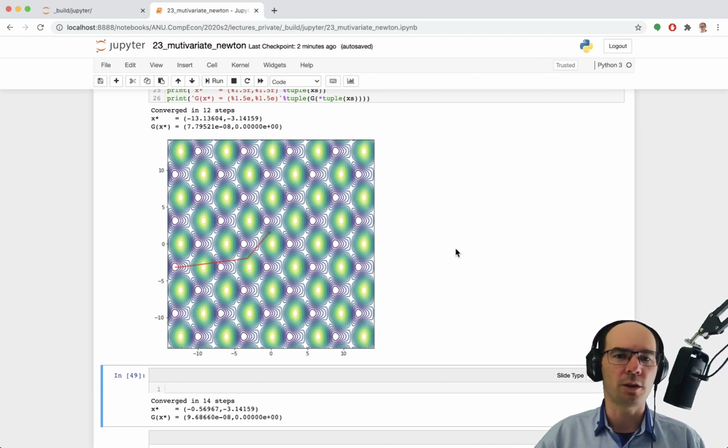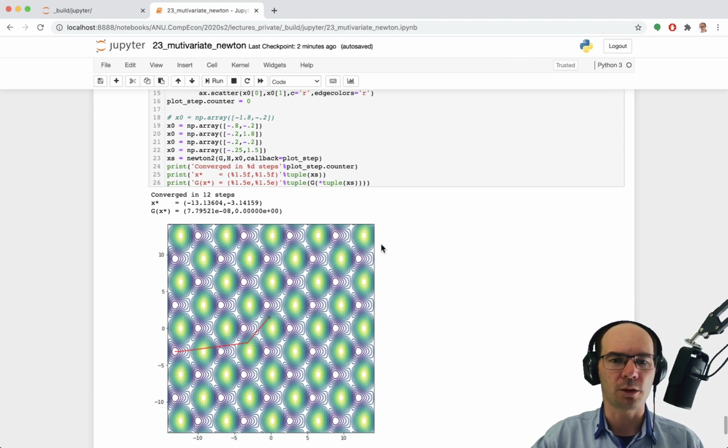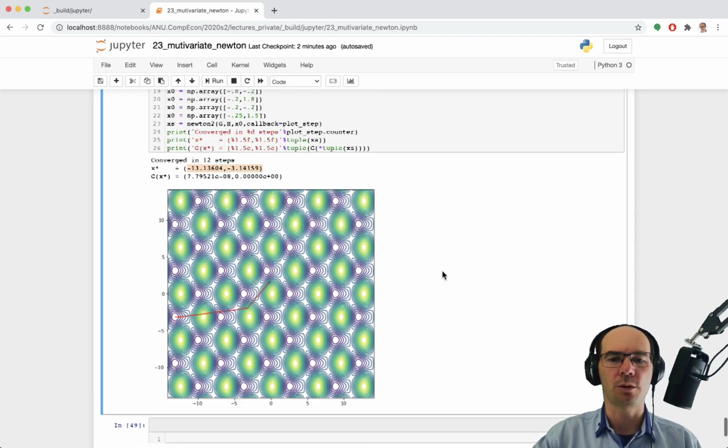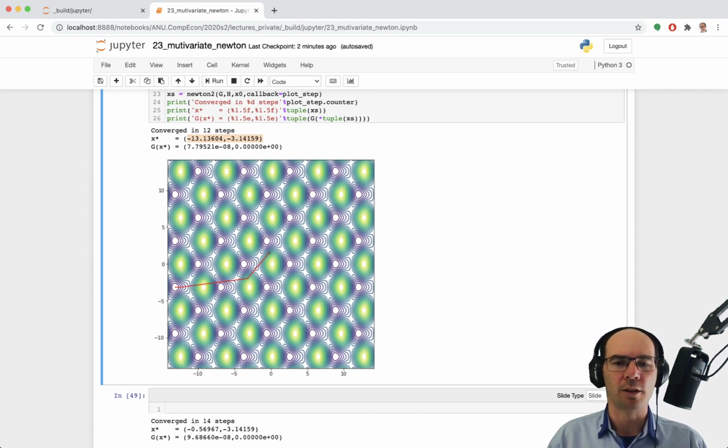We start somewhere, and the starting points don't differ all that much, but the results differ quite a lot because of this complicated structure, this egg carton shape of the function. We tend to bounce around with Newton method quite a lot.